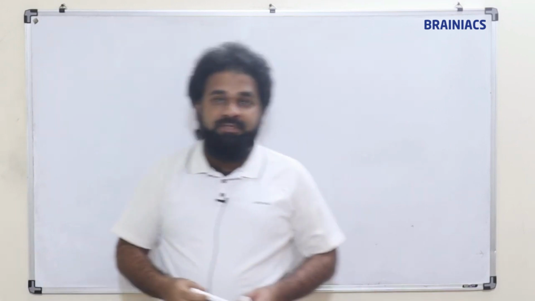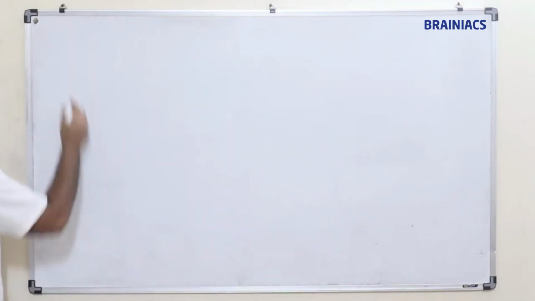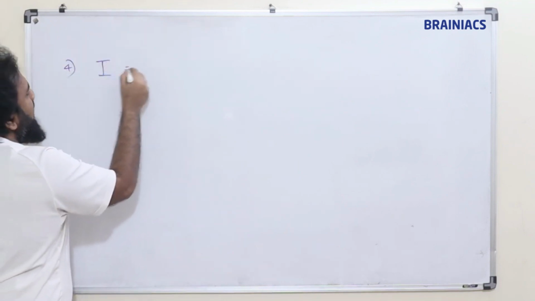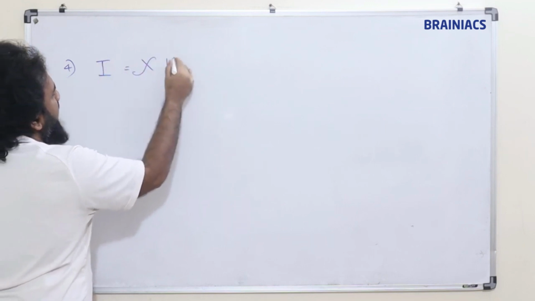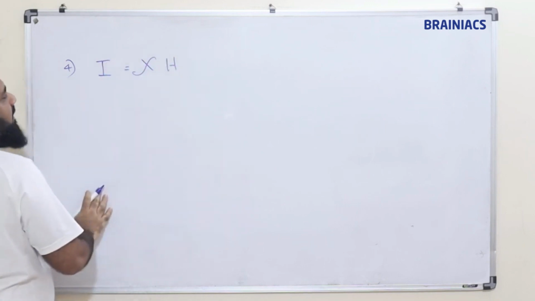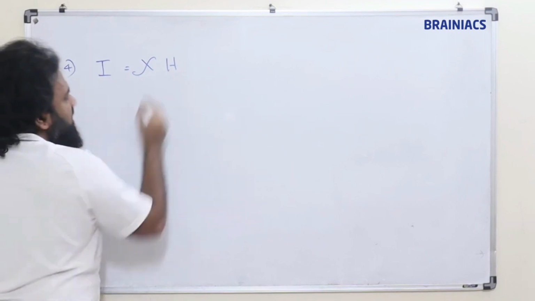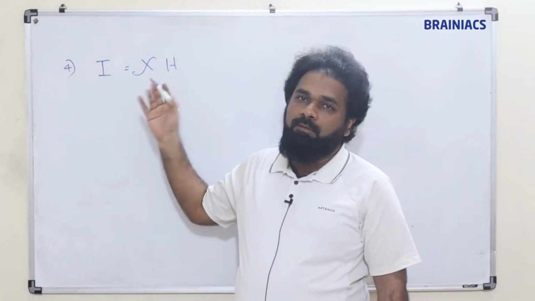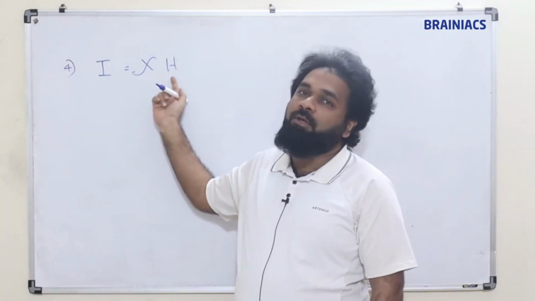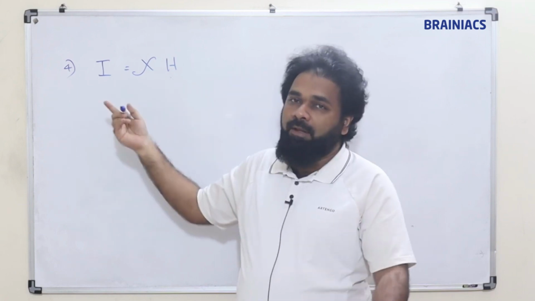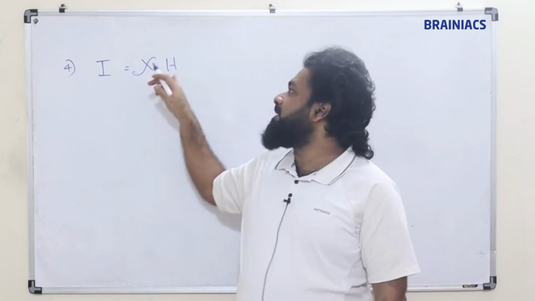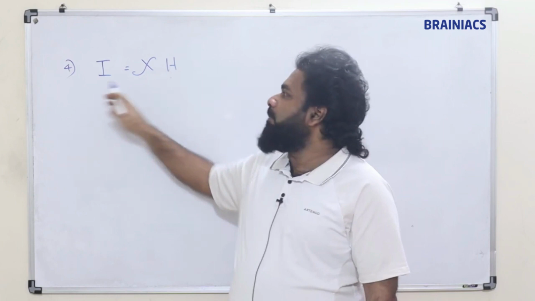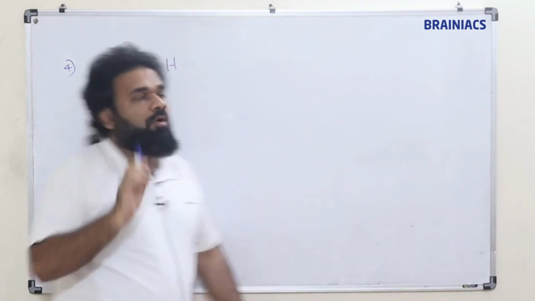Next point is, we know about susceptibility. So susceptibility is also negative. We know I is dependent on H. This is a very small value. This external magnetic field is not affected by any other thing. Induced magnetic field cannot do anything on external magnetic field. This value we are applying. So we are applying this H to magnetize the material. This will not be affected. This is positive, but I is negative, very small value.